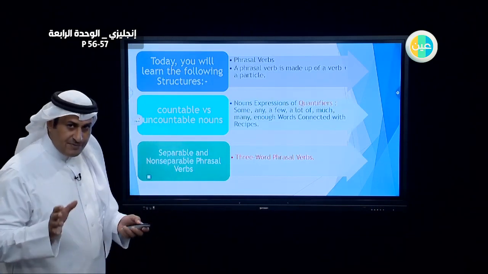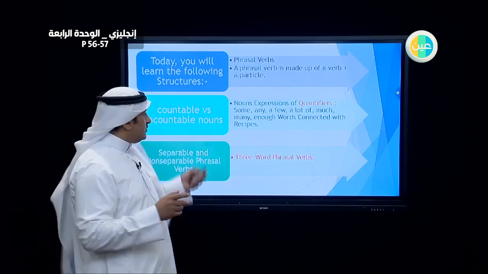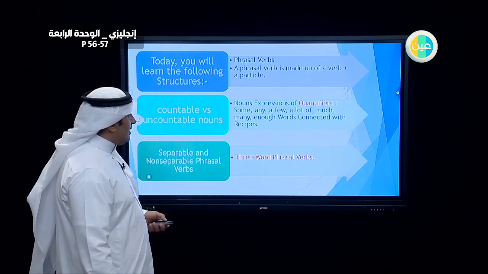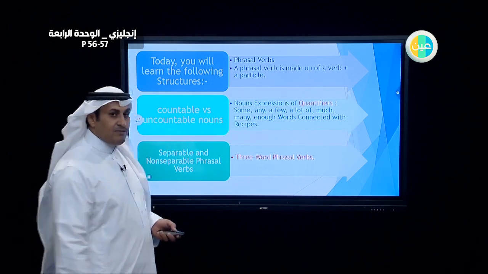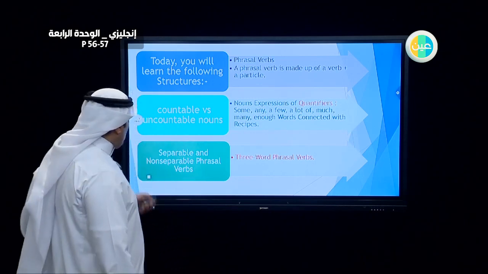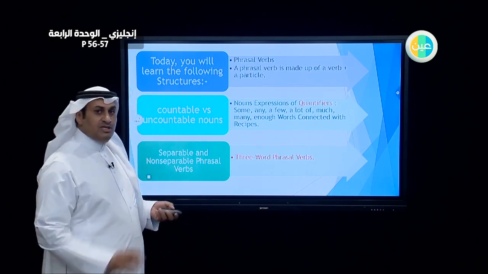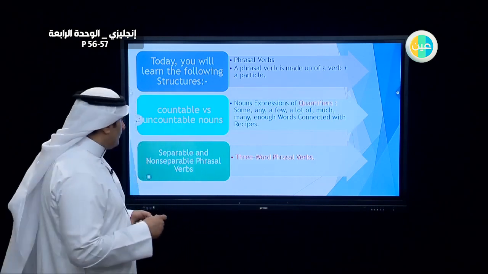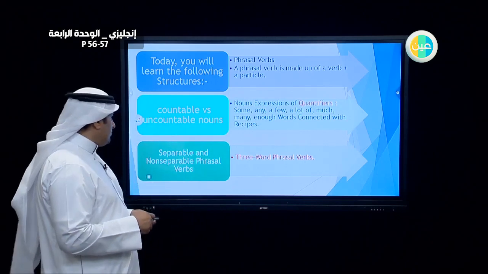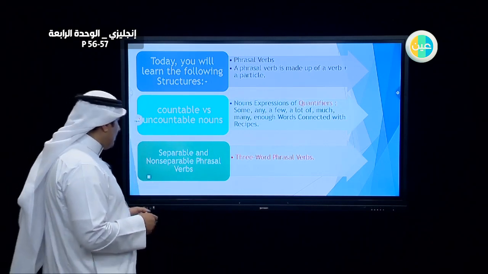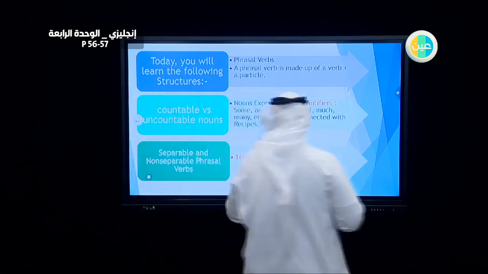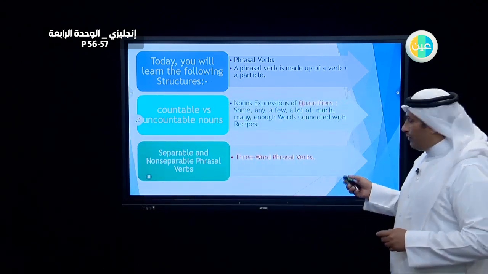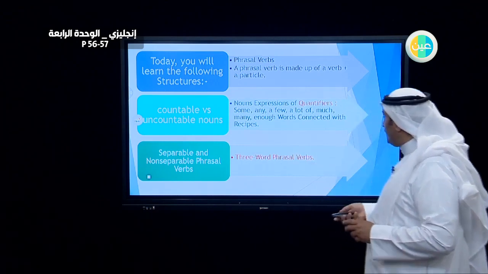All gentlemen and girls will be able to learn phrasal verbs, which are made up of a verb plus a particle. Students will also be able to differentiate between countable and uncountable nouns with quantifiers, and between separable and non-separable phrasal verbs, along with three-word phrasal verbs.